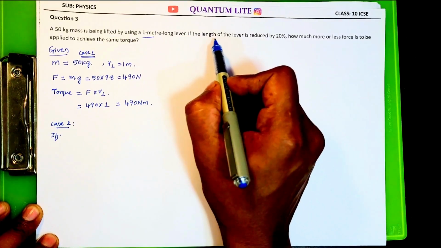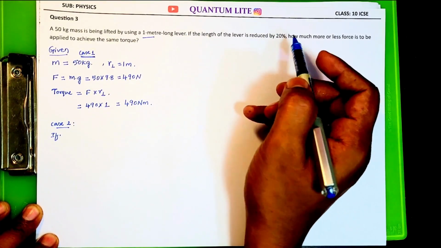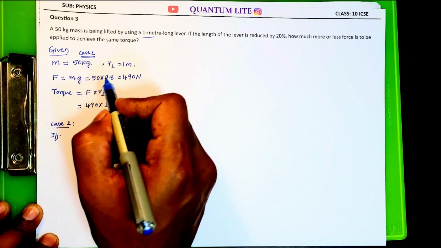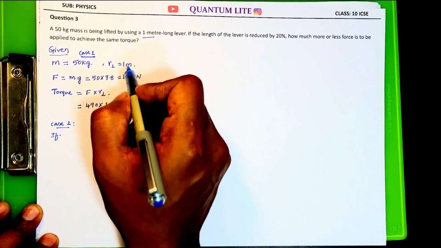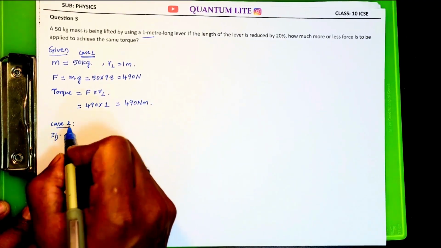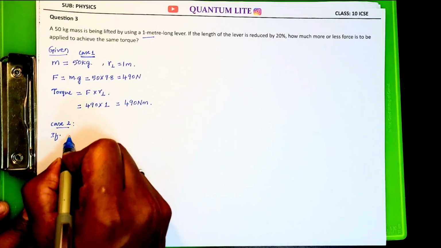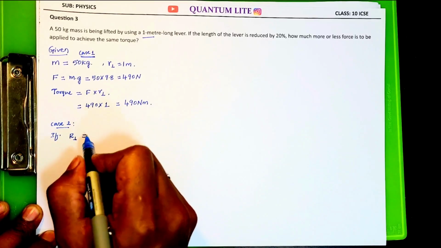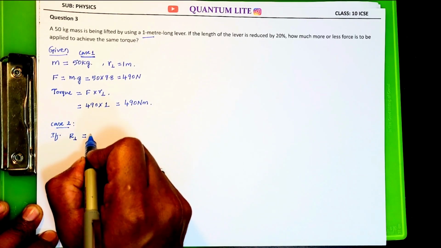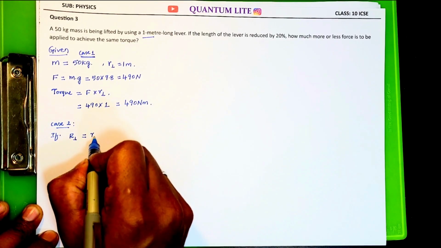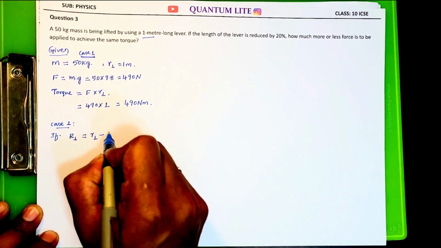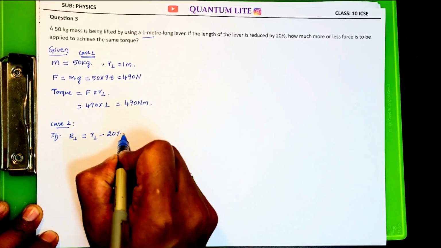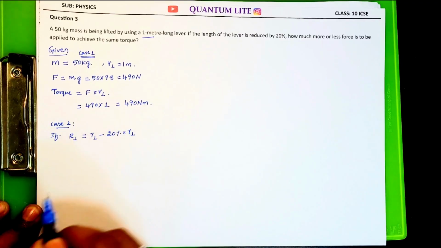If the length of a lever is reduced by 20%, where the perpendicular distance is 1 meter, then the new perpendicular distance is R minus 20% of its original length.